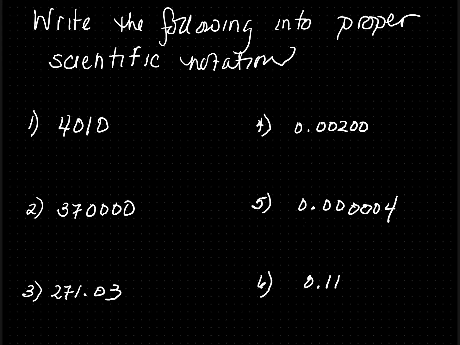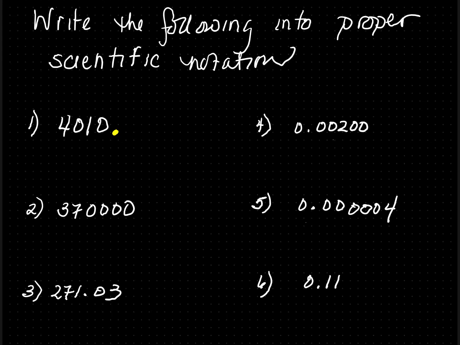Write the following in proper scientific notation. So if we look at number 1, which is 4010, this number has an unwritten decimal. The unwritten decimal is to the right of the last zero. To write proper scientific notation, we must have one digit to the left of the decimal.